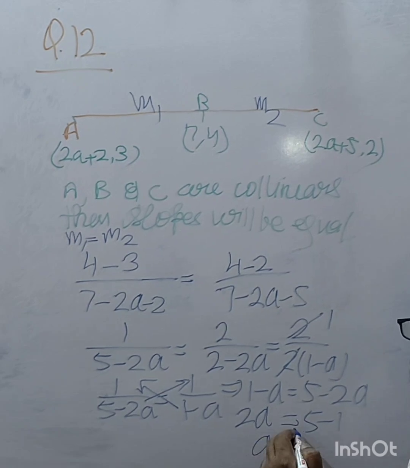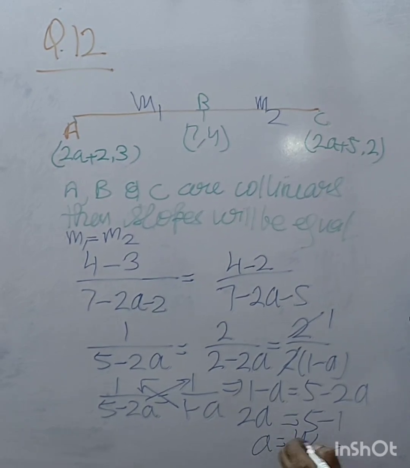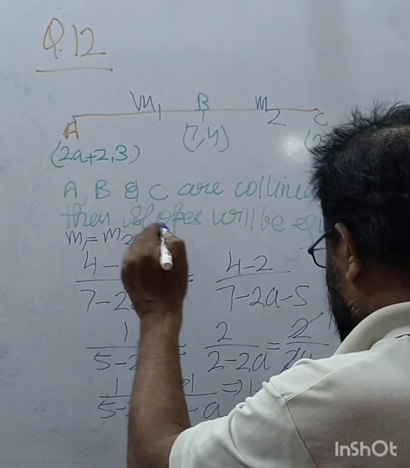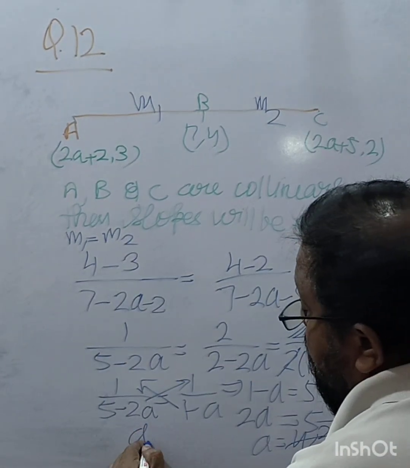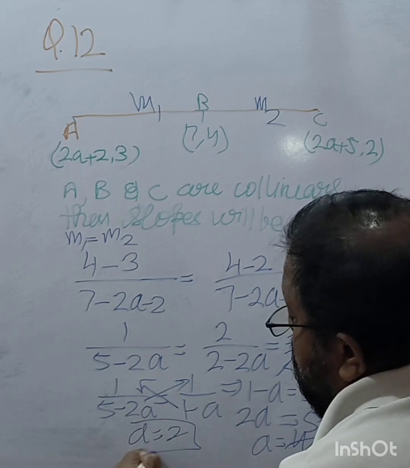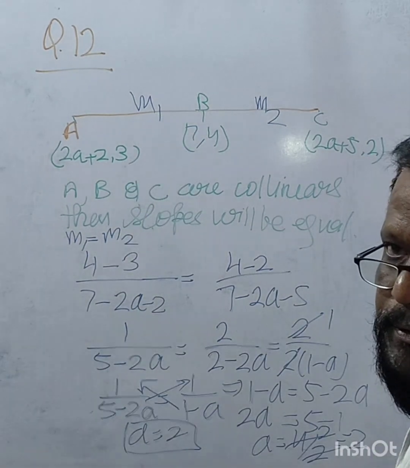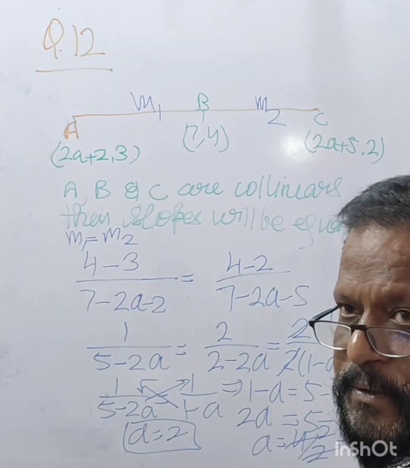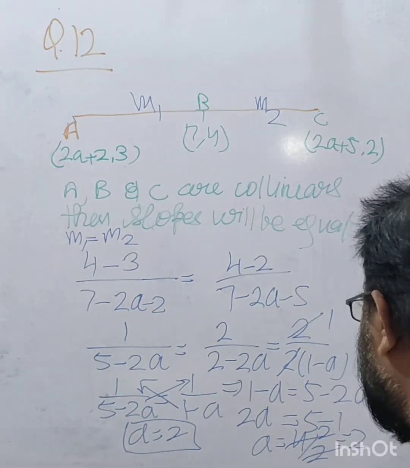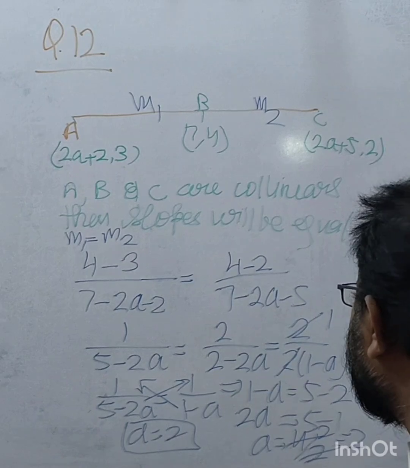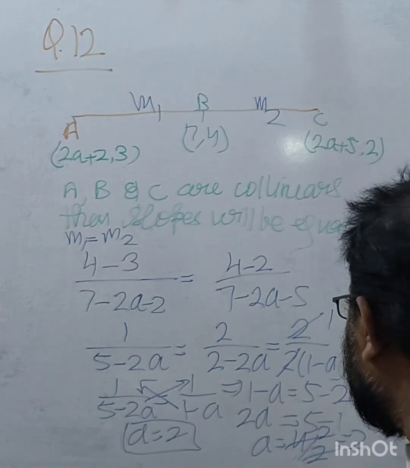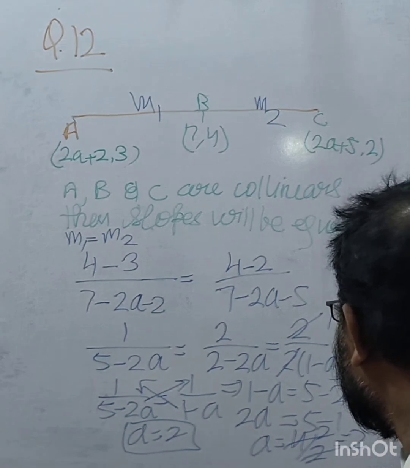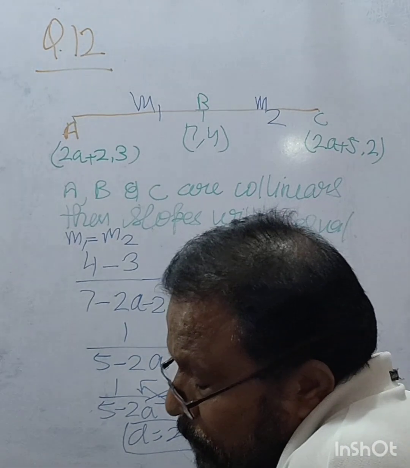A is equal to 4 by 2, so a is equal to 2. Is it? What happens?